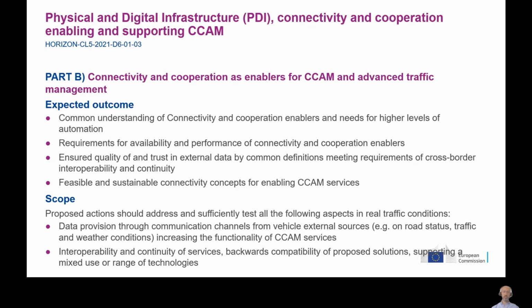That means, of course, that we need to well understand how these connectivity and CITS solutions are enablers. What are the needs, the real needs for higher levels of automation? Where can CCAM solutions, automated vehicles, get the most benefit from? And therefore also, if we accept that these are strong enablers, what are then the requirements for the availability and performance of connectivity and cooperation?